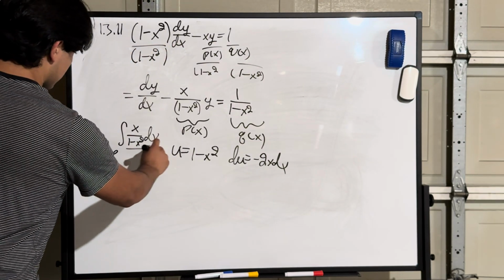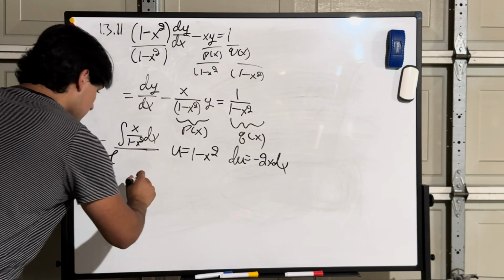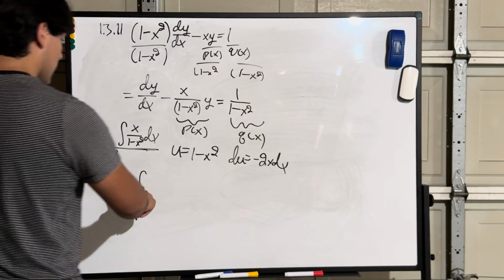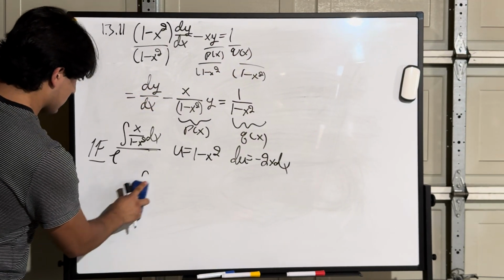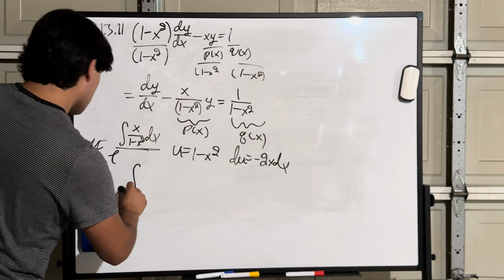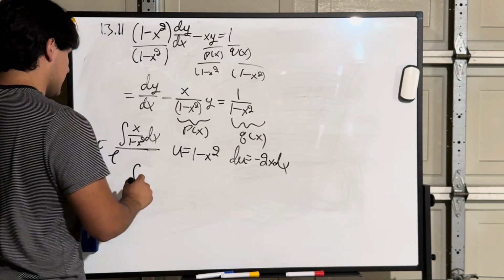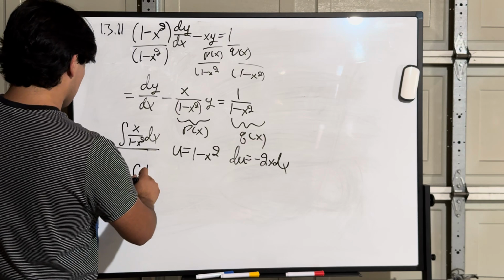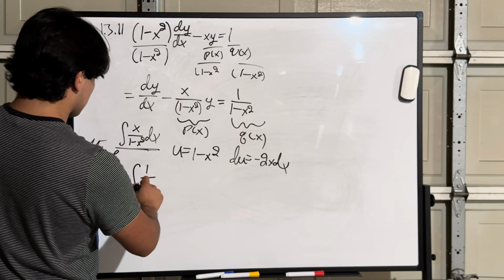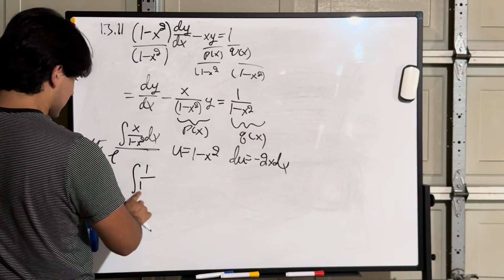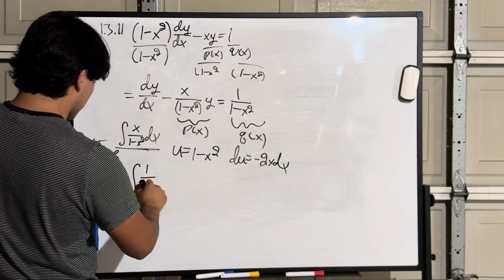So we'll just focus on this one real quick. We have 1 over 1 minus x squared, which is u now, right?